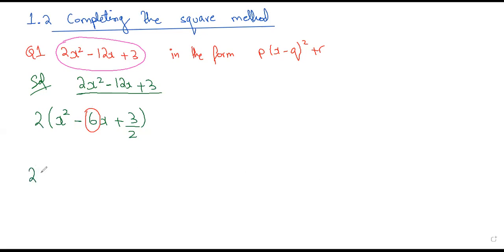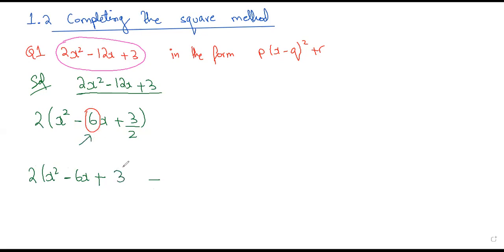So I need to do it this way. I'll do 2 x squared, then minus 6x would come as it is, and then it would be plus and minus. In maths, I cannot add anything of my choice unless I'm subtracting it as well. I need to add and subtract the square of half this number.